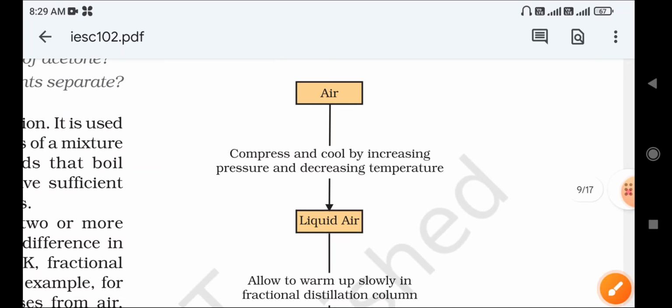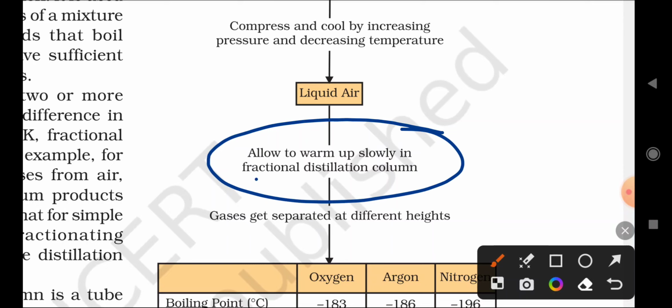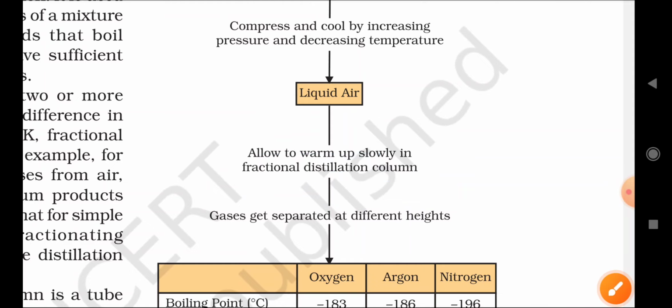After that, the air is liquefied. So what is the next step? It is allowed to warm up slowly in a fractional distillation column. After the air is converted into liquid air, it should be warmed up in a fractional distillation column.